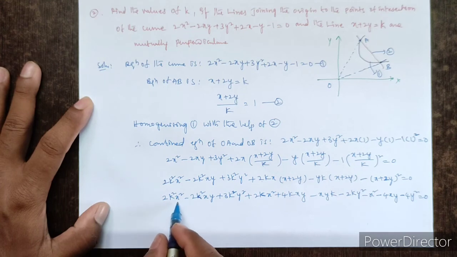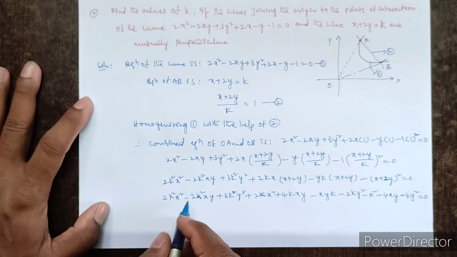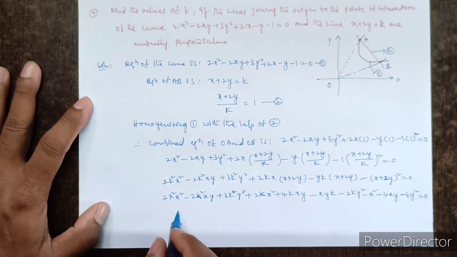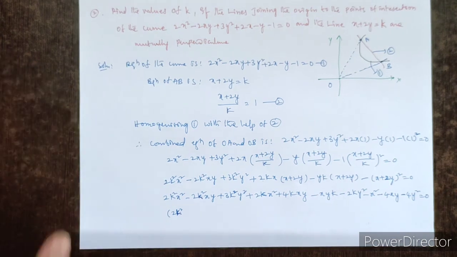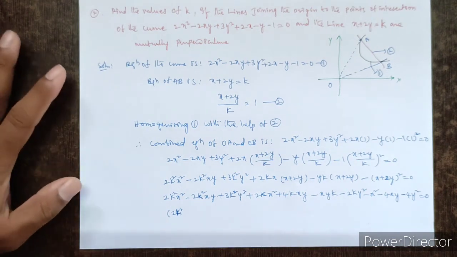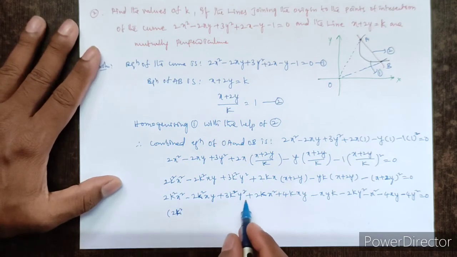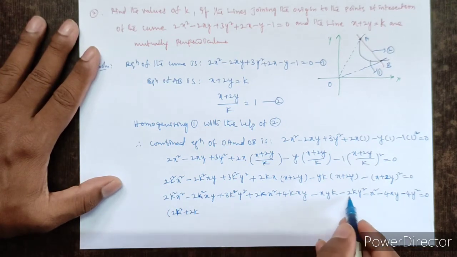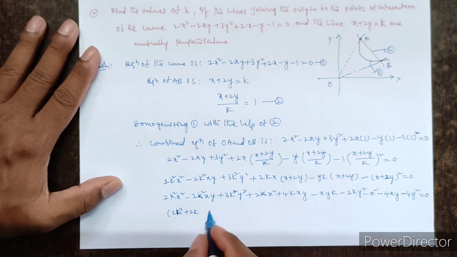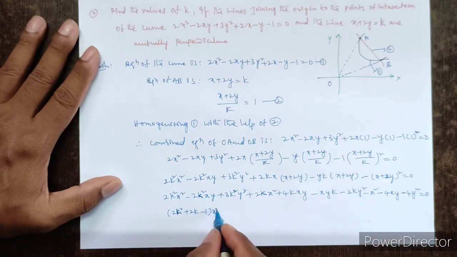Take the common x square terms, which can be written as 2k square plus 2k minus 1 of x square.